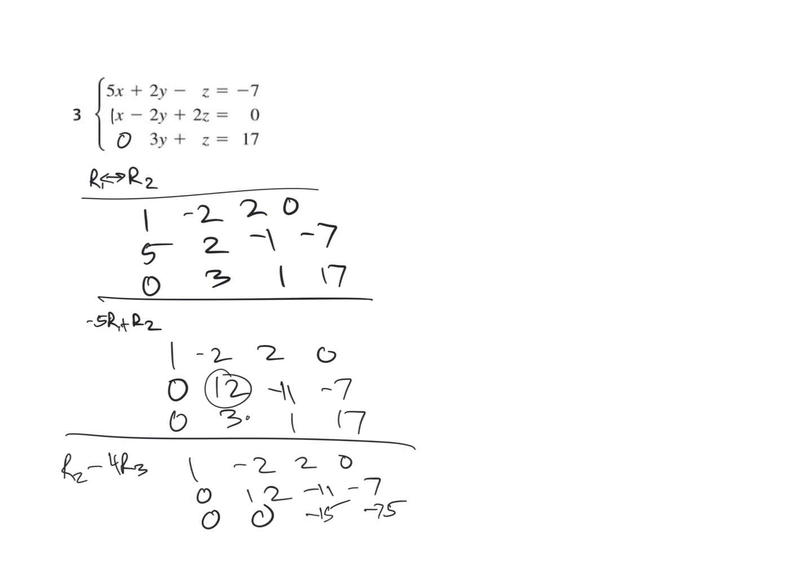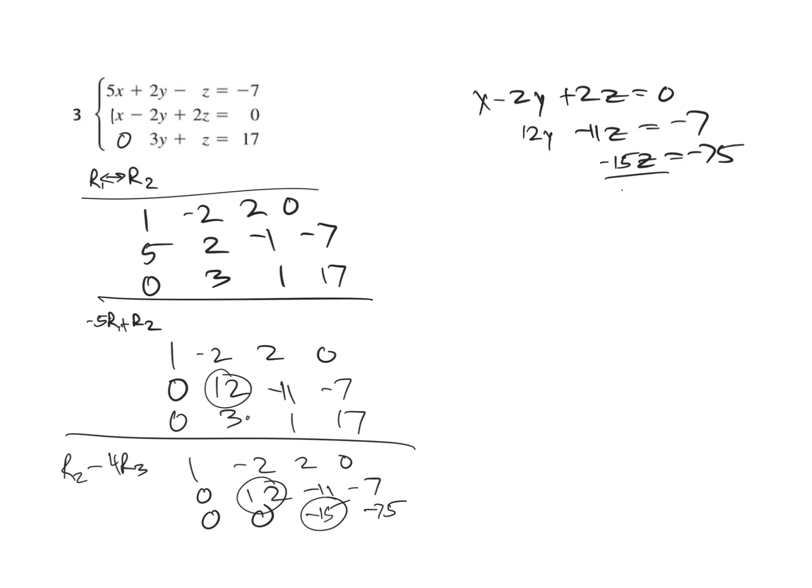So again, we could get these to be 1s, which is really not a problem. Let's see here. X minus 2y plus 2z equals 0. And then we have 12y minus 11z equals -7. And then -15z equals -75.